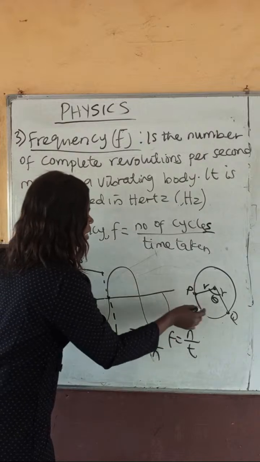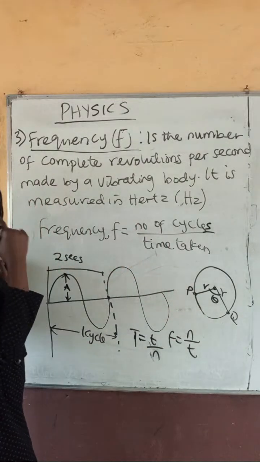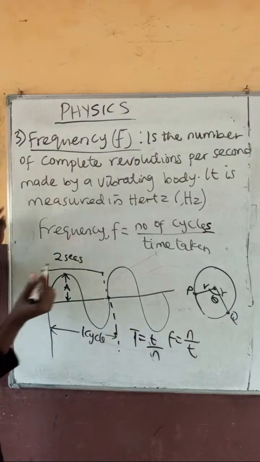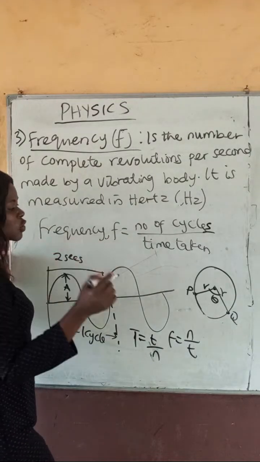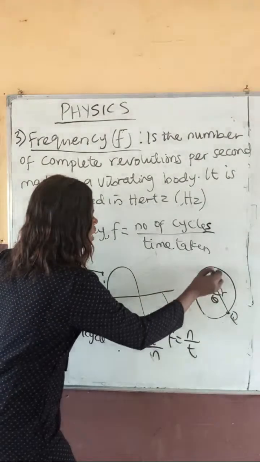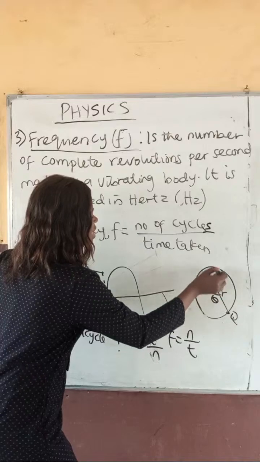Then the time taken for it to move around this circle is what you calculate. But then we're looking at frequency and amplitude. The amplitude is the maximum displacement of a particle, from the center to the circumference.